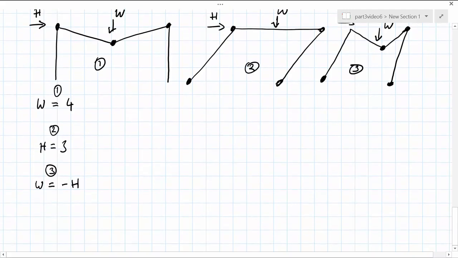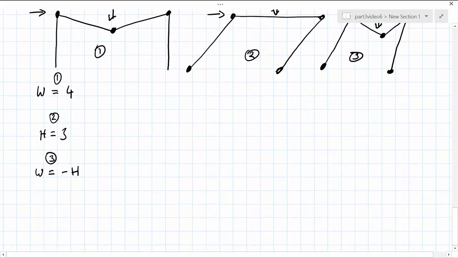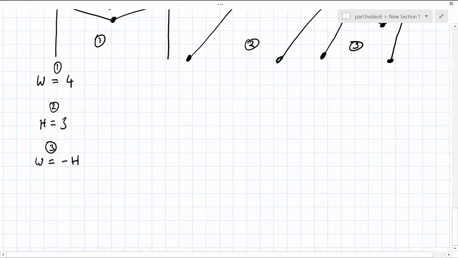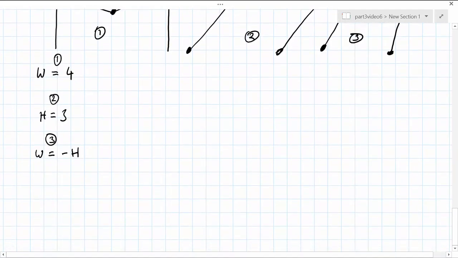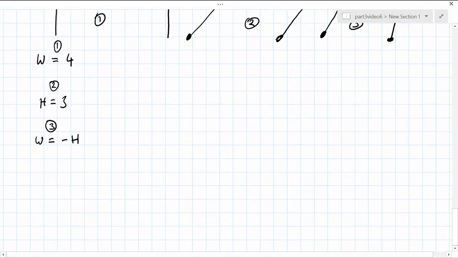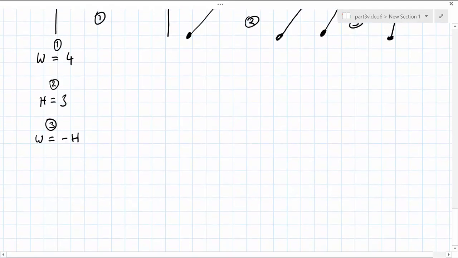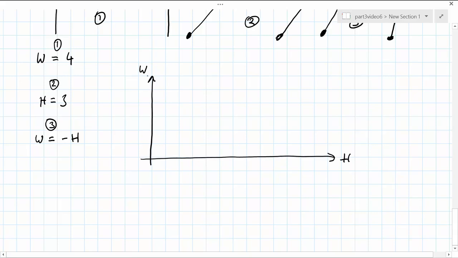From this, we can identify combinations of H and W that are either safe or unsafe by constructing a load interaction diagram. To do this, we simply plot these values on two axes of W and H. In this case, H has been put on the horizontal axis and W on the vertical axis. We've said that W is equal to 4.